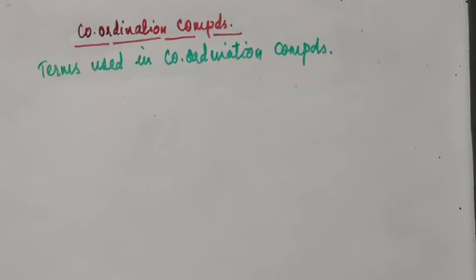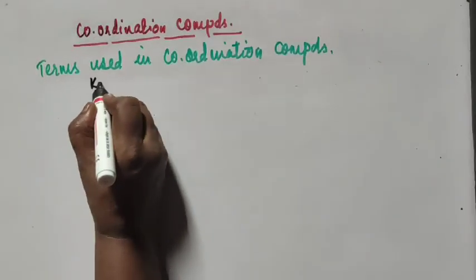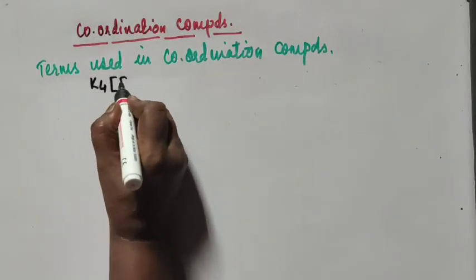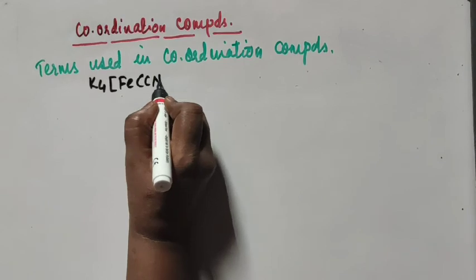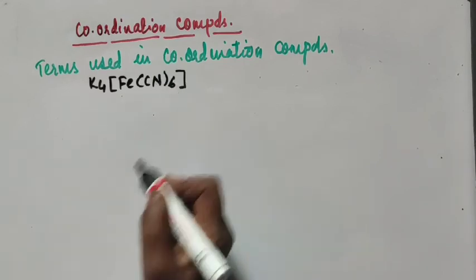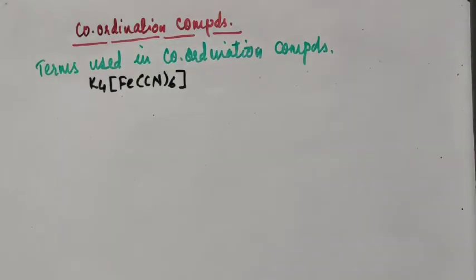So let us see the terms used in coordination compounds, and for that we'll take one example, K4[Fe(CN)6]. So this is your coordination compound. In a coordination compound there are two spheres.